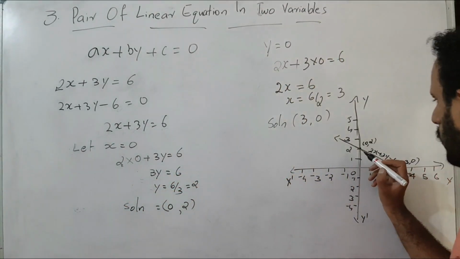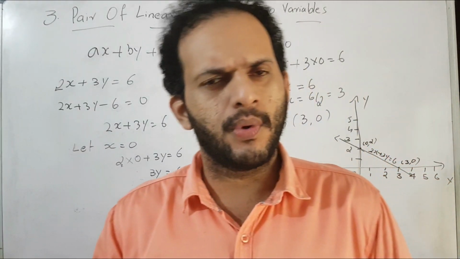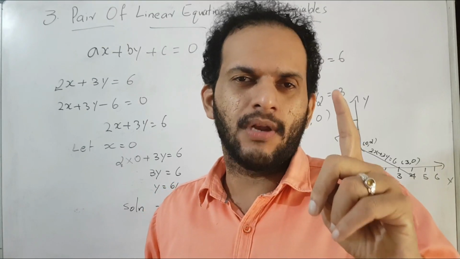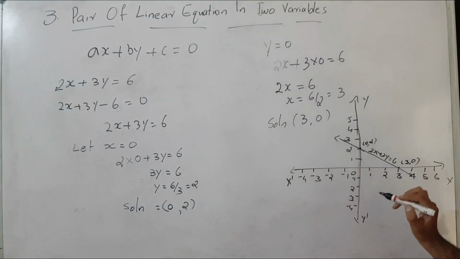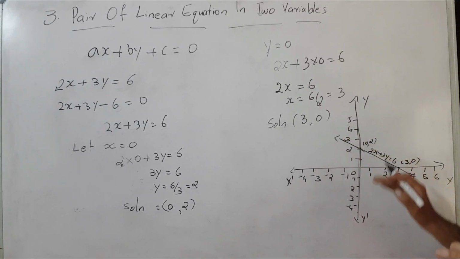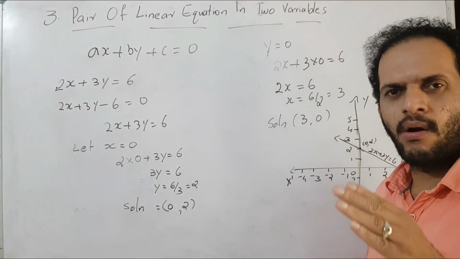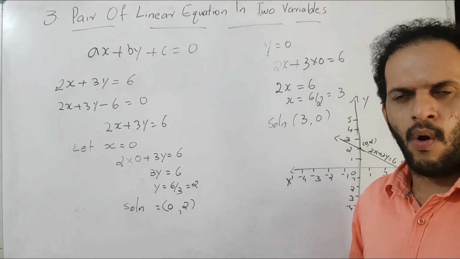Then the points that lie on the line, what are they? Those are all solutions of this linear equation. What do we call the graph of a linear equation? It is always a straight line. All the points that lie on this straight line are solutions of the equation. That means the points that lie on the line are all solutions of the linear equation.